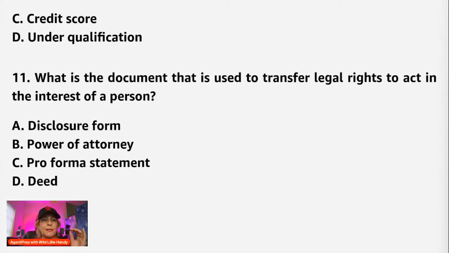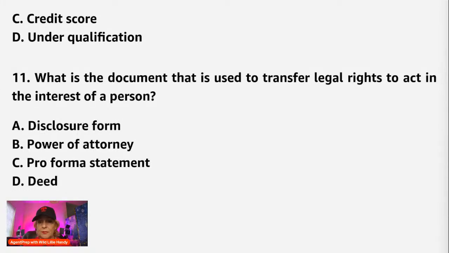So what is the document that is used to transfer the legal rights to act in the interest of a person? Okay, so one person acts on behalf of another. It's not necessarily the document that's conveying the property. It's someone giving somebody else the right to act on their behalf. So what is that called?